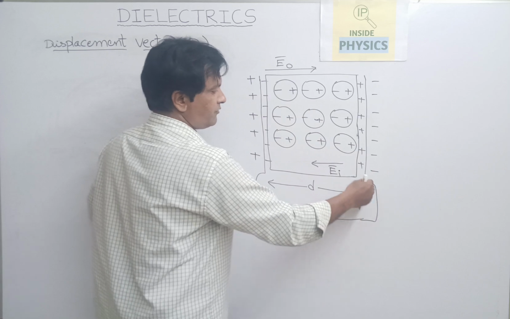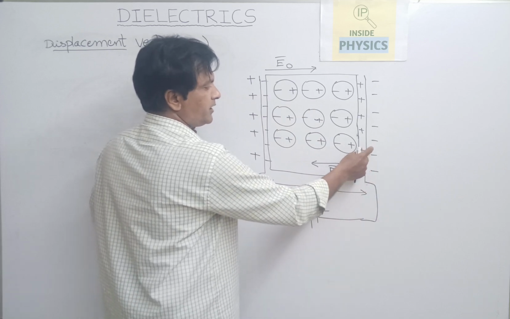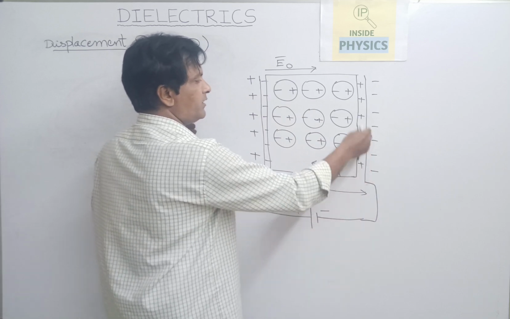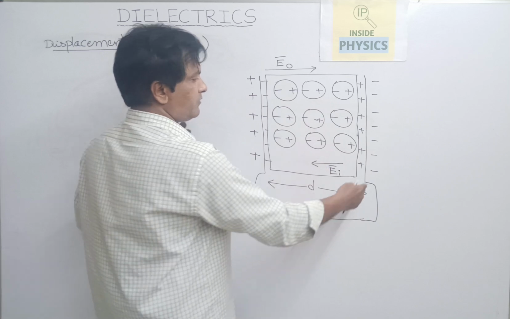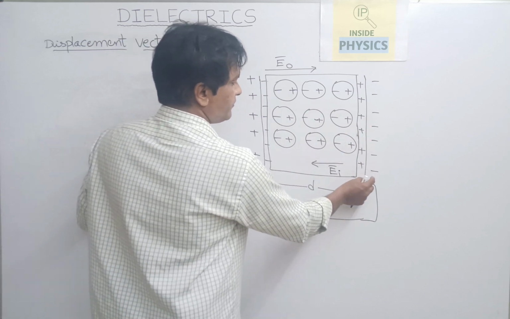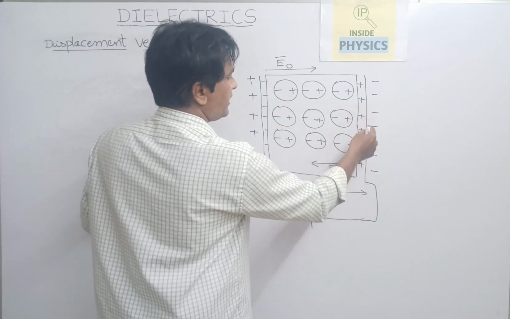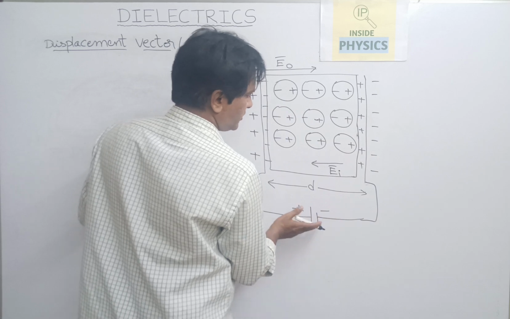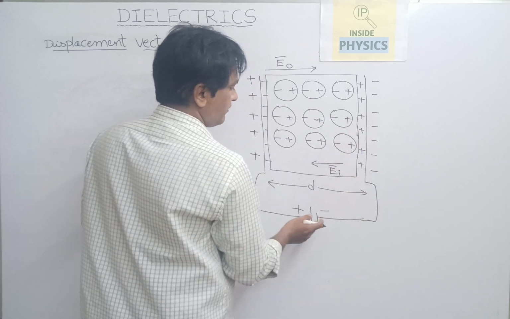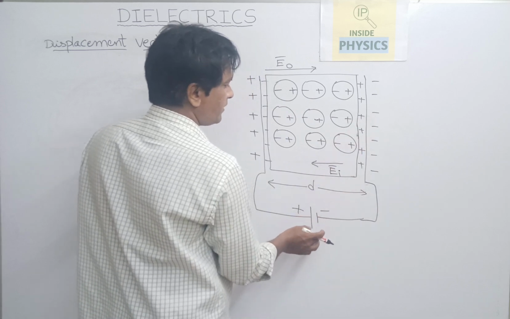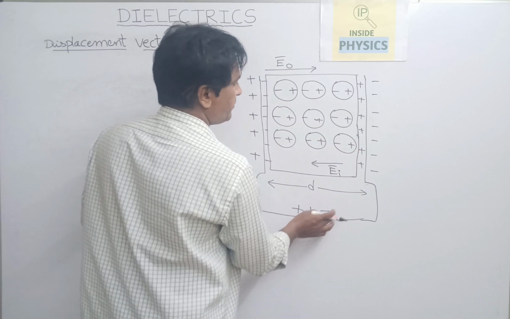is pushing the free electrons present on this metal plate, and the displacement happens because of the displacement of these free electrons in the plate because of the EMF, which is pushing the electrons away from this plate, negative plate.